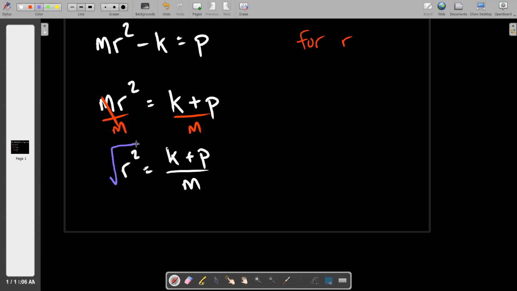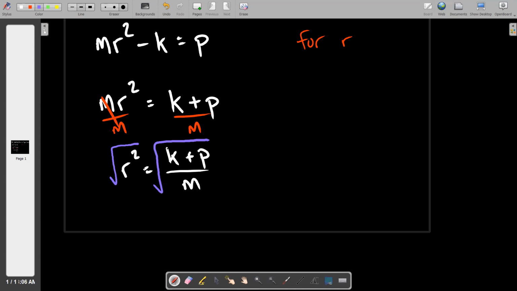I'm going to take the square root of the left side, and I'm also going to take the square root of the right side. And again, the lesson on actually how to calculate numerical square roots, that's going to be a different time. We don't have to math this out. There's really no math to do per se.